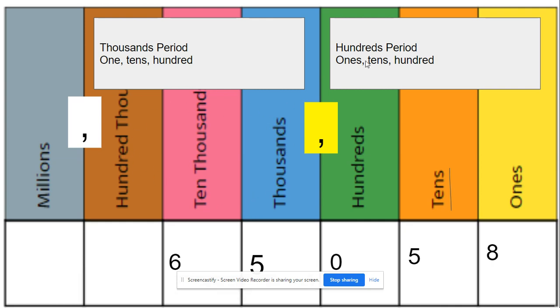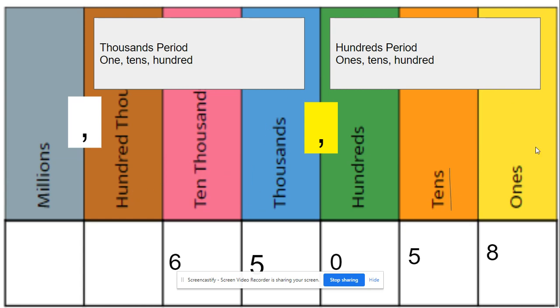Each period follows the same pattern. The pattern is ones, tens, hundreds. Ones, tens, hundreds.